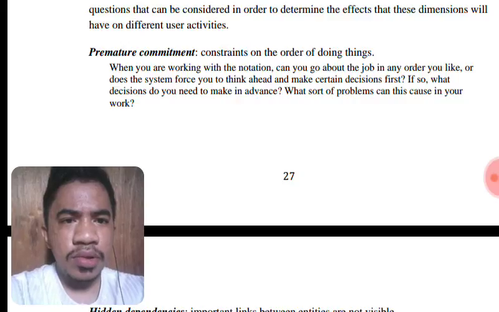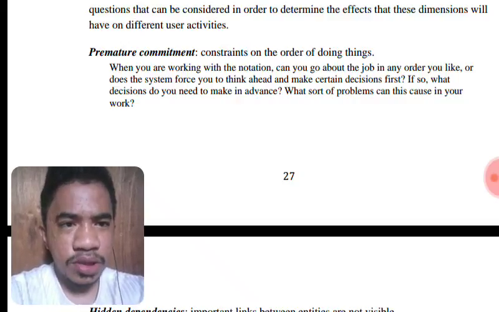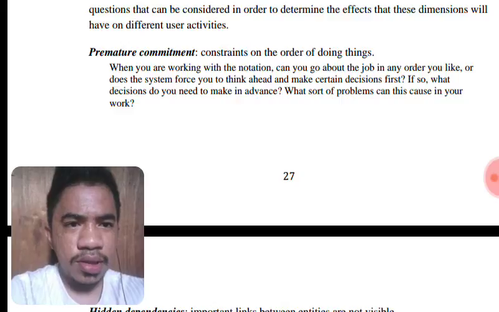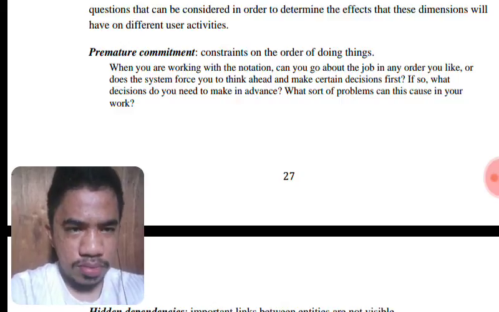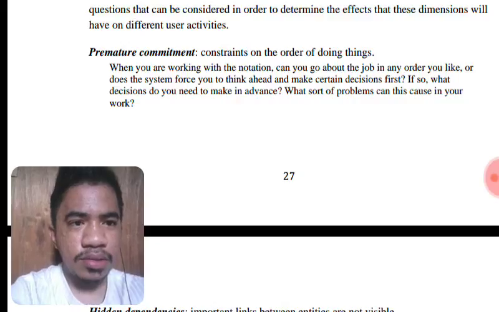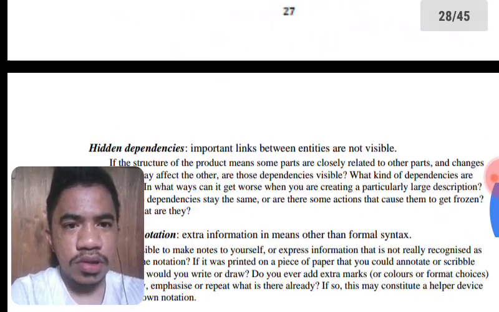When you're working with the notation, can you go about the job in any order you like, or does the system force you to think ahead and make certain decisions first? If so, what decisions do you need to make in advance? What sort of problem can this cause in your work?